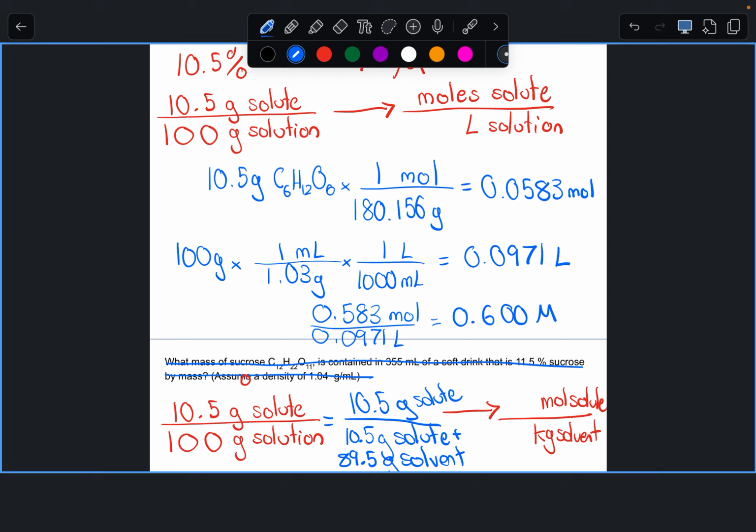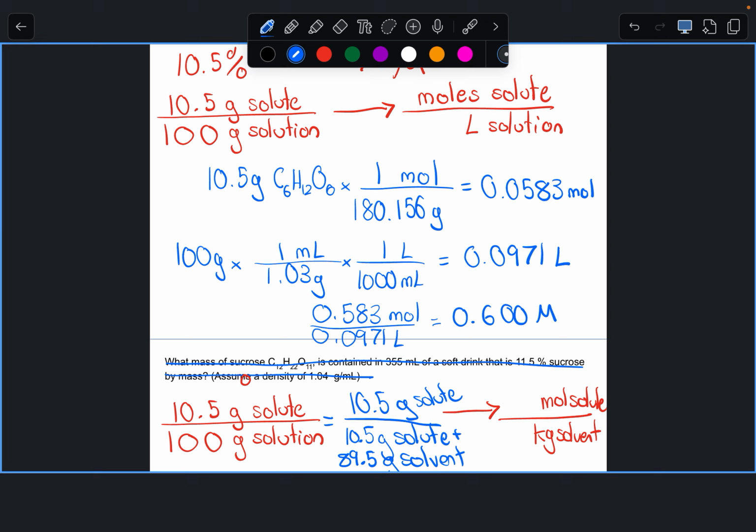I didn't have to break it down because it was solution, right? Solute, that's easy. Solution, good. Here, solute, so that one was pretty easy. But because I had solution and I'm changing to solvent, that's kind of my hint that I need to go more detailed on the bottom. I need to break that 100 grams down to how much of that is solute and how much of it is solvent.